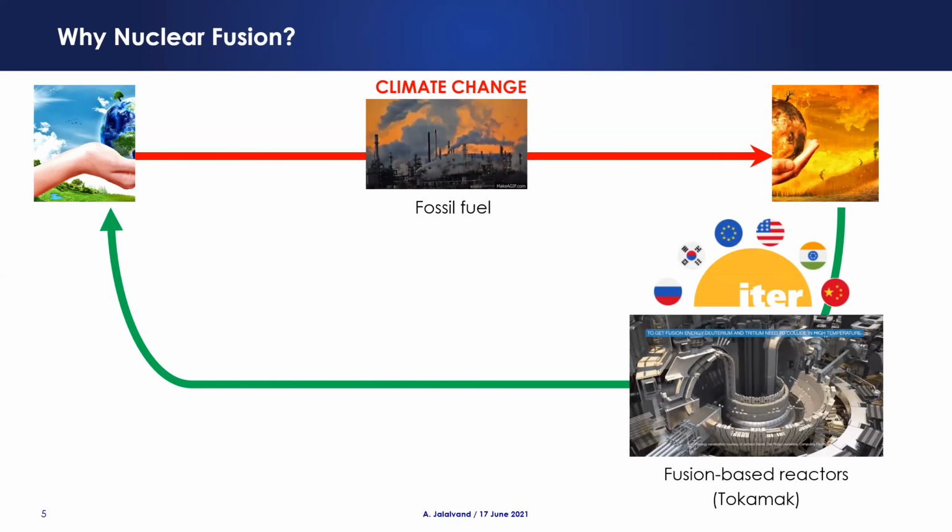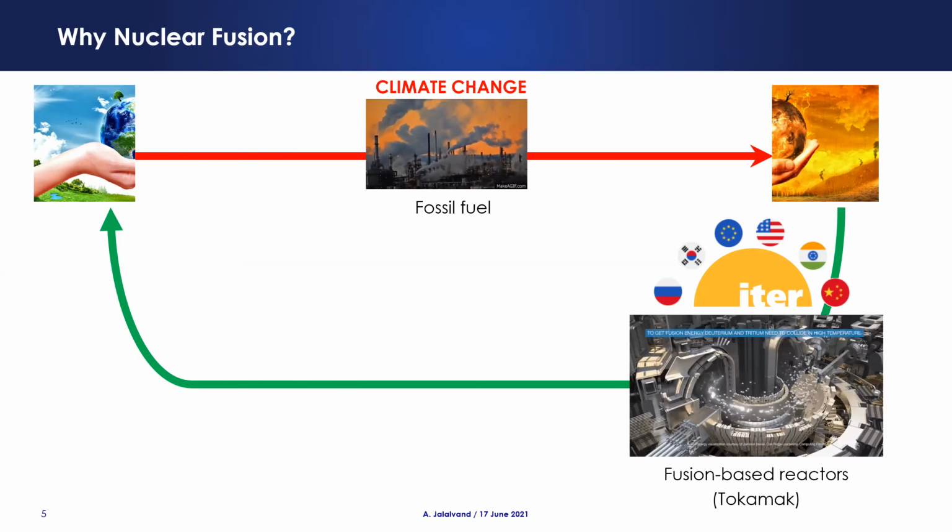There are many options like solar panels, wind turbines, and one of the most promising alternatives is actually fusion-based reactors. And this is in the context of a big project which is called ITER, and ITER has the headquarters in France, but it's a multinational project, so many countries are involved.